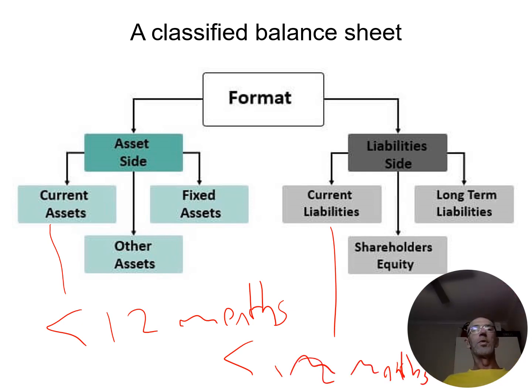For our non-current assets, we expect them to continue to provide an economic benefit for more than 12 months. And if it's a non-current liability, we will not fully satisfy that obligation to the external entity within the next 12 months from the end of the reporting period.